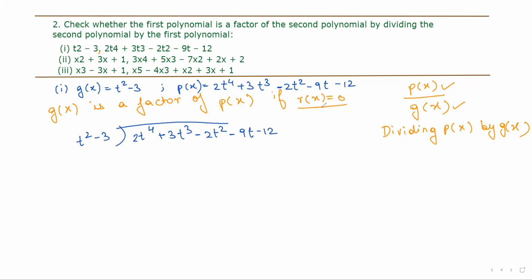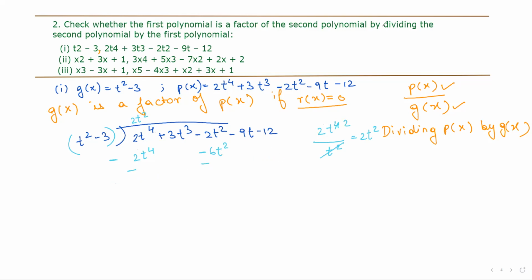Following the same procedure, your first term, 2t to the power 4, is divided by the first term, t square, and you get 2t square. 2t square is multiplied with this g of x, so you get 2t to the power 4 minus 6t square. Minus 6t square will be under the t square term. Like terms have to be written properly. Subtraction will invert the second signs.